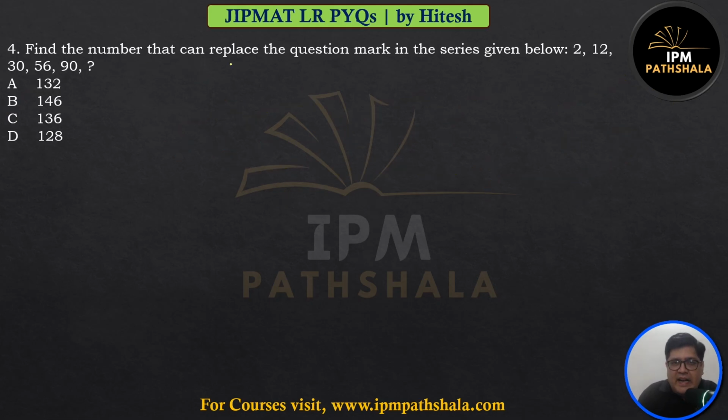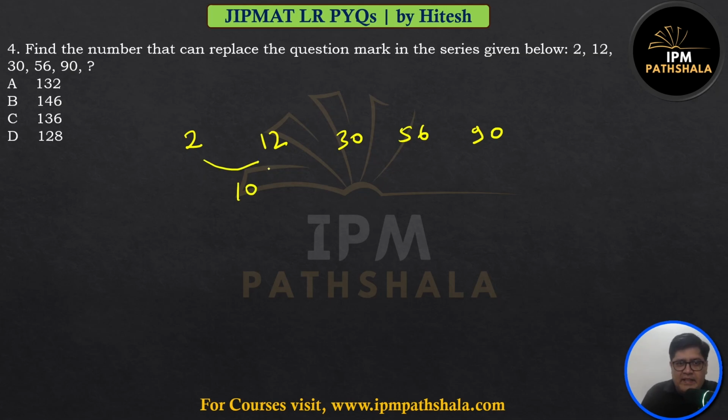Find the number that can replace the question mark in the series given below. This is the series 2, 12, 30, 56, 90. I see there is a drastic increase in these numbers. There are multiple ways I could approach.